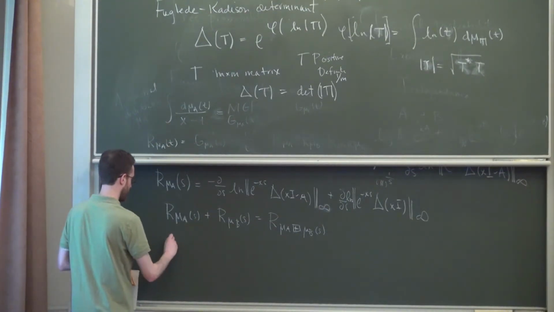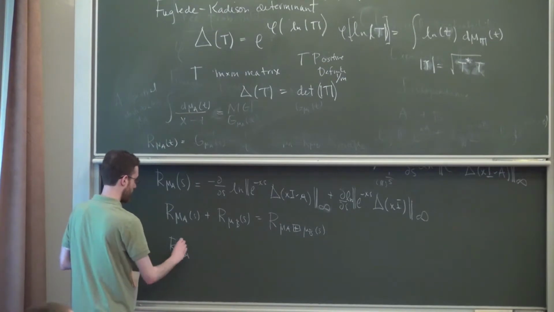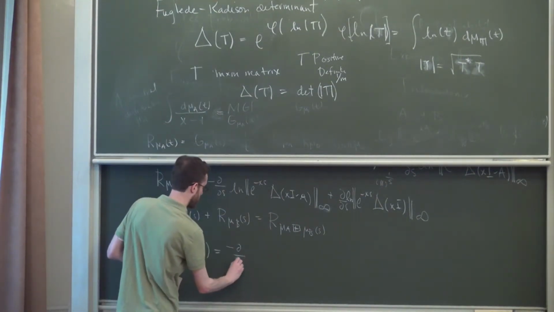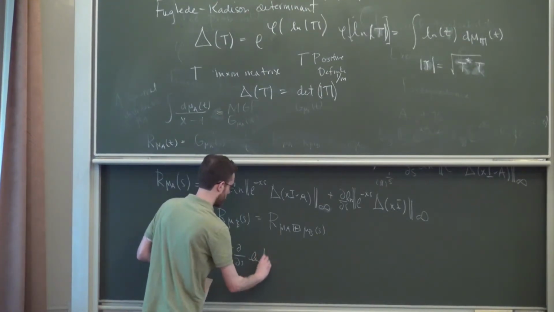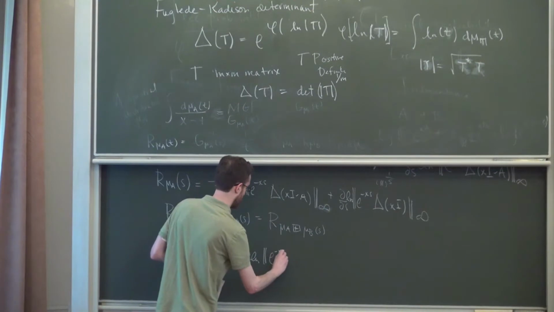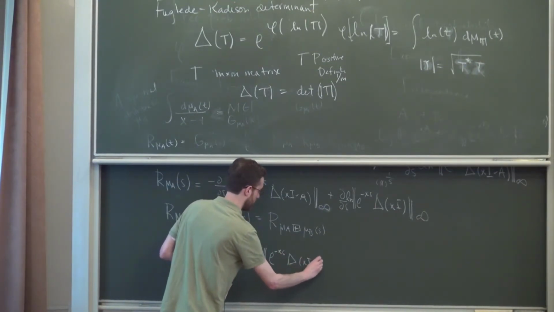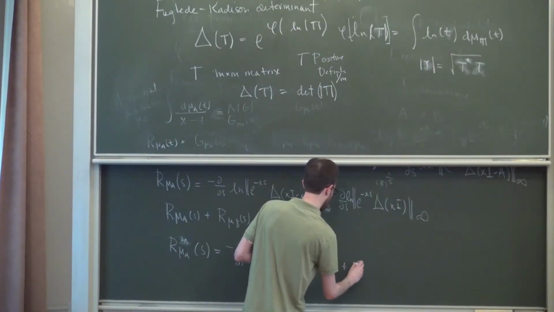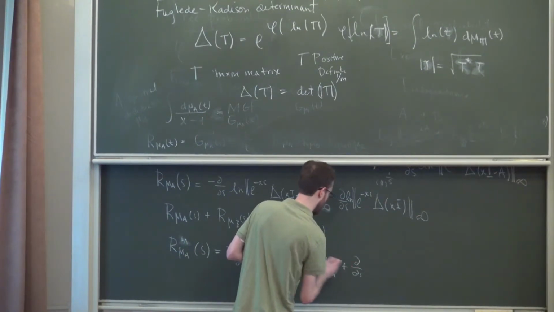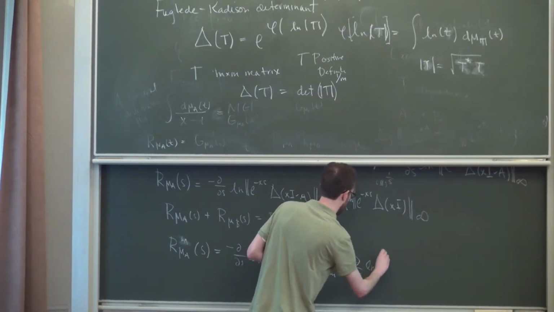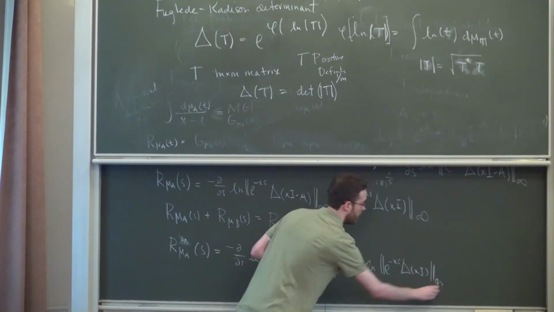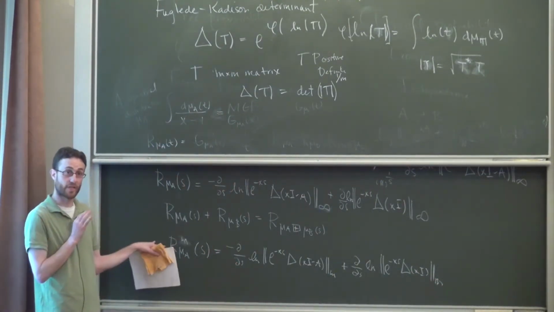Okay, so now I'm going to write R mu A m of S is minus partial over partial s, natural log of m norm plus m norm. Okay, that's just a definition.